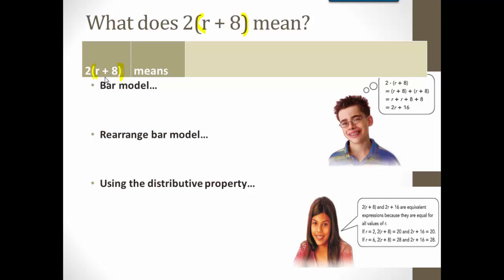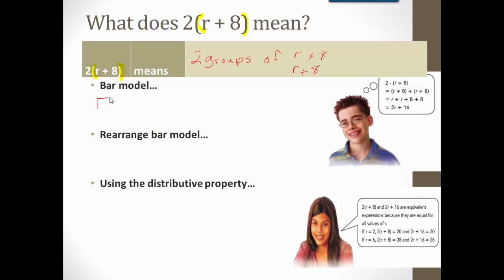So 2 multiplied by r plus 8 means 2 groups of r plus 8. So that means 2 groups of them. So how would we draw the bar model?